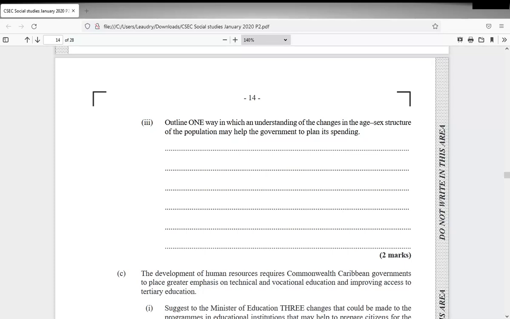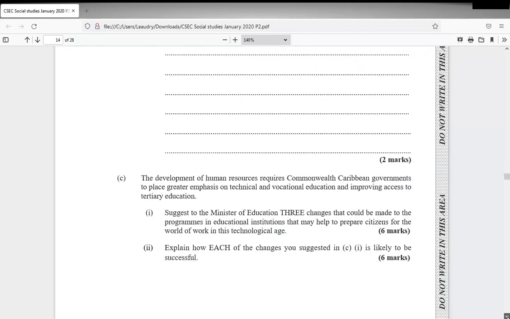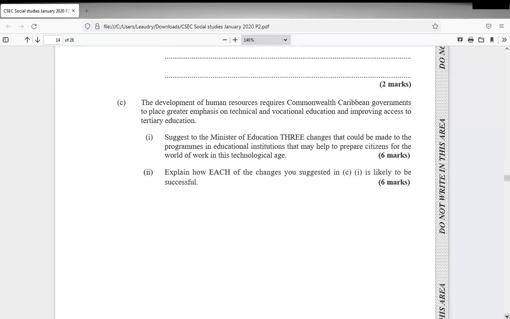All right. So let's move on to number C. The development of human resources requires Commonwealth Caribbean governments to place greater emphasis on technical and vocational education and improving access to tertiary education. 1.